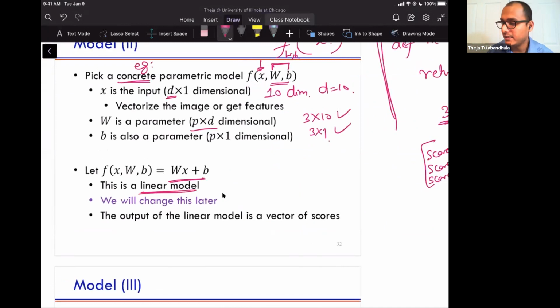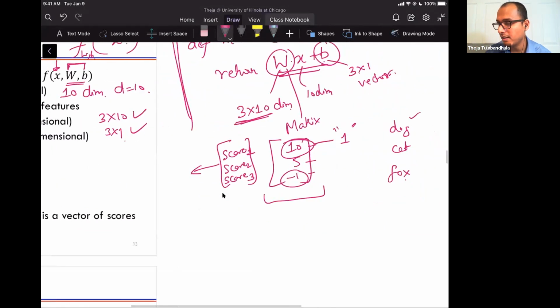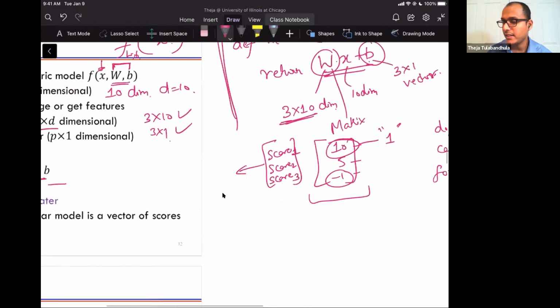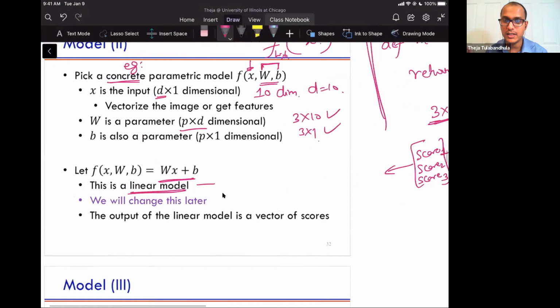And this is actually called a linear model. This linear model, with a little bit more description on how scores get mapped to class labels, dog, cat, and fox, is actually the specification of logistic regression. I'll show you in a couple of slides how this is exactly the same as logistic regression. You might not have seen logistic regression this way.